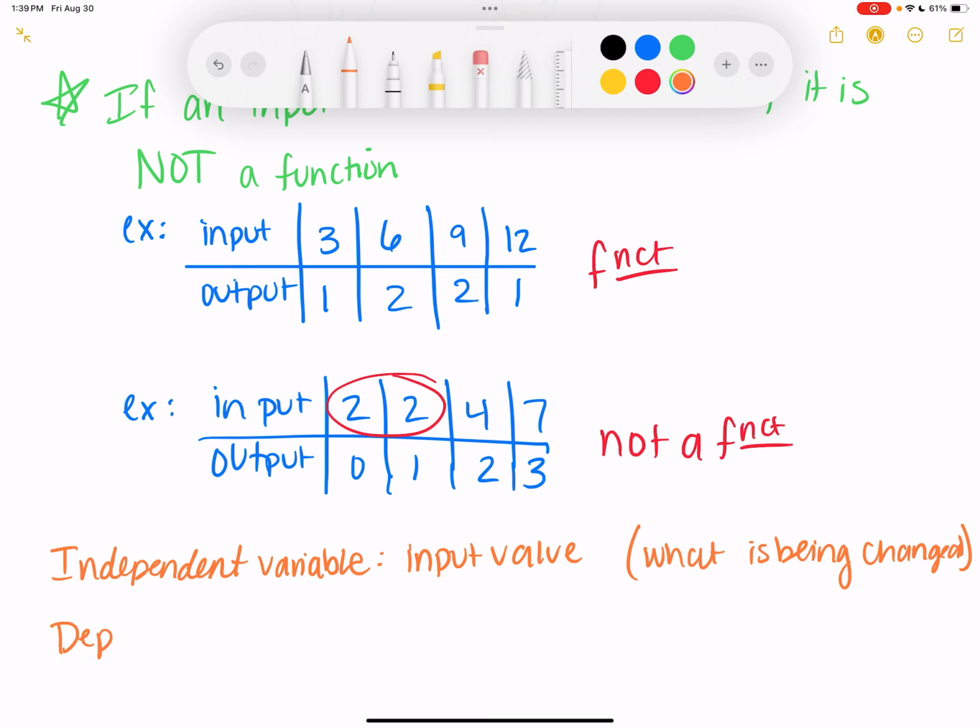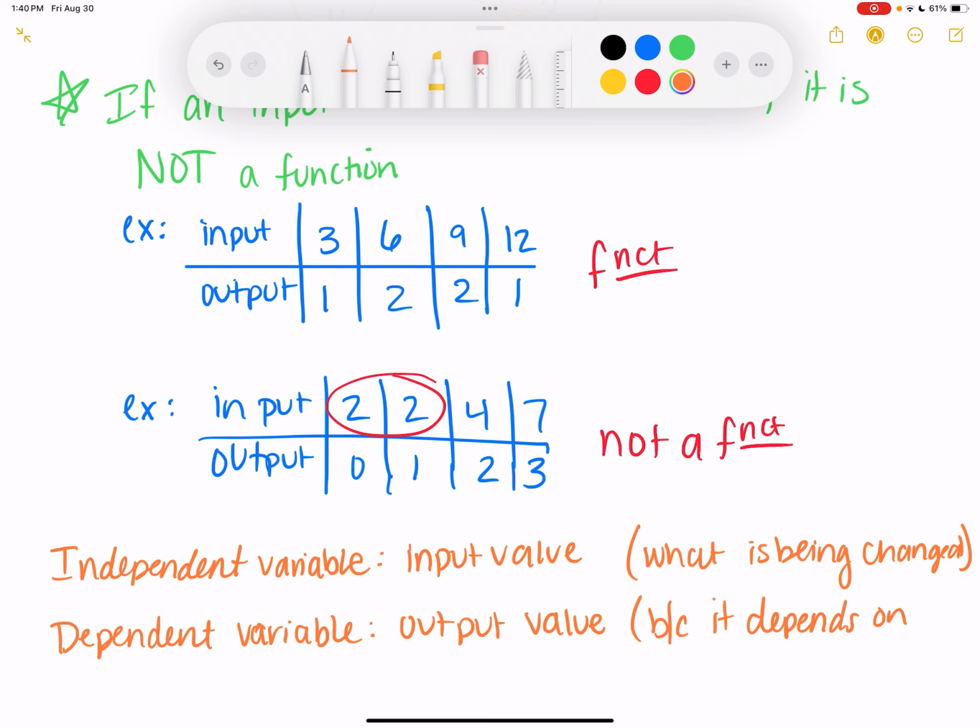Your dependent variable is your output value. And that's because it depends on the value of the input.